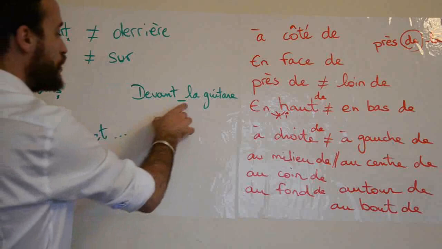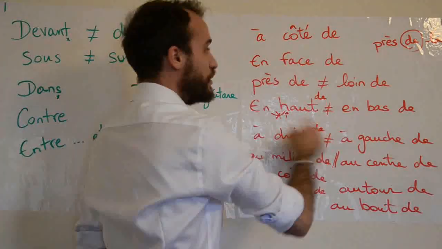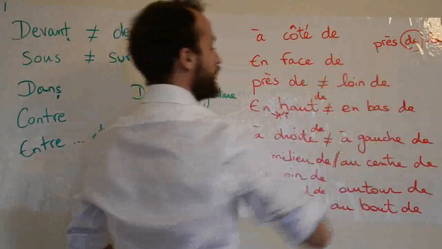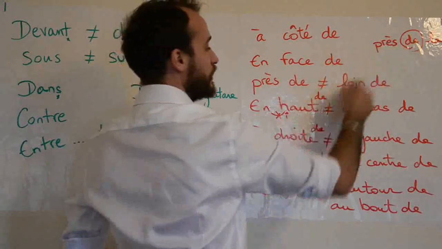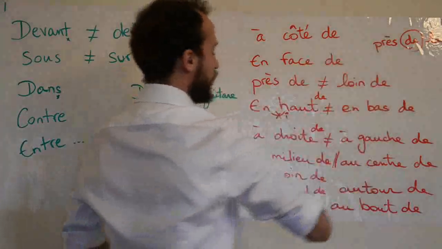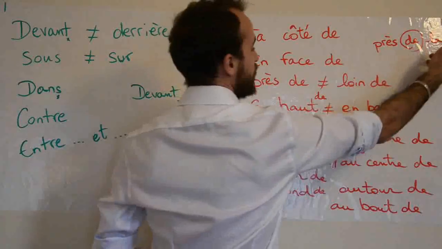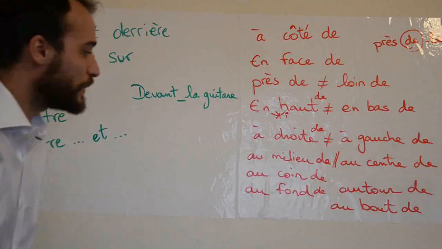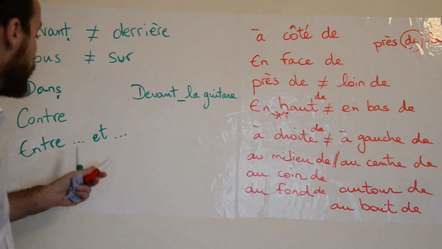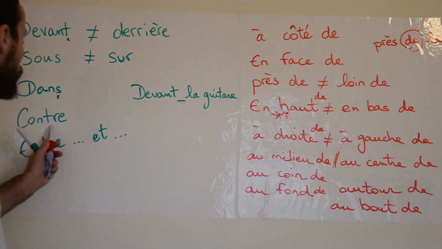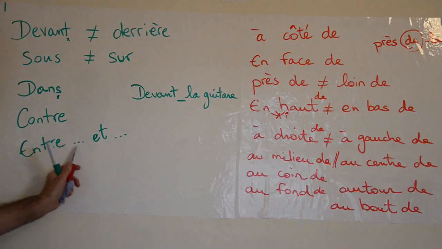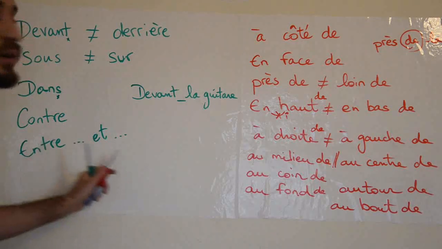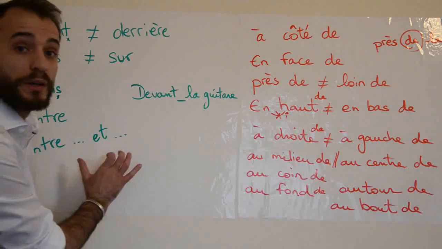These ones you've got nothing, these ones you have de. So it will be à côté de la guitare, en face de la guitare, près de la guitare, loin de la guitare, en haut de la guitare, en bas de la guitare, and so on. Here, nothing. Contre la guitare, entre la guitare et la chaise, the chair, so between the guitar and the chair. So there's no de here.